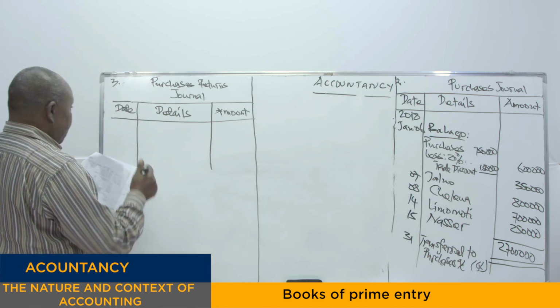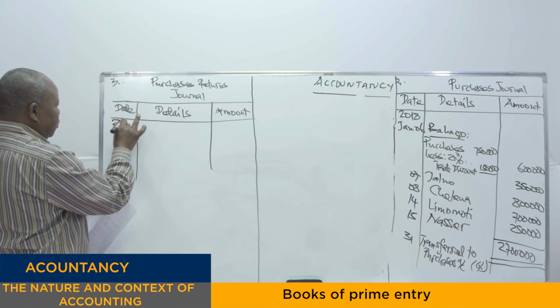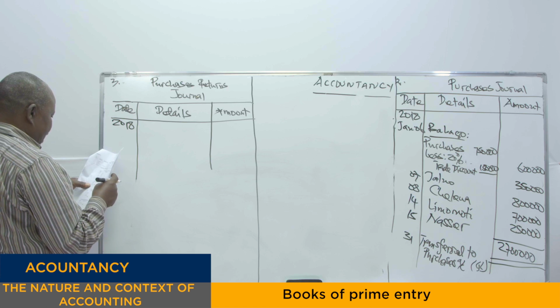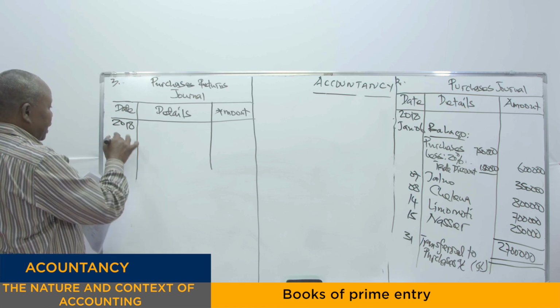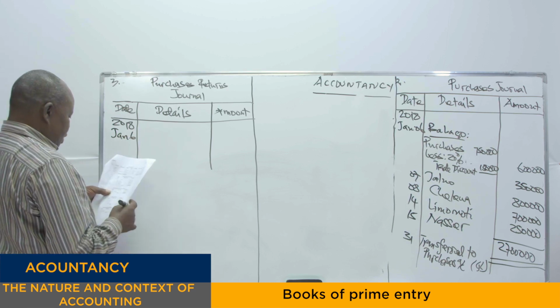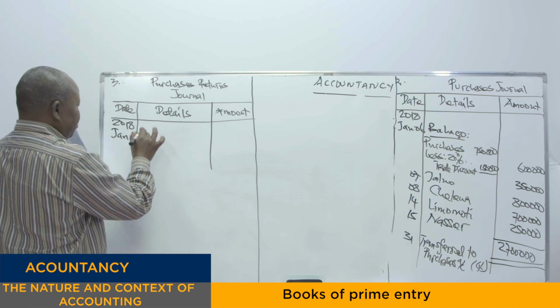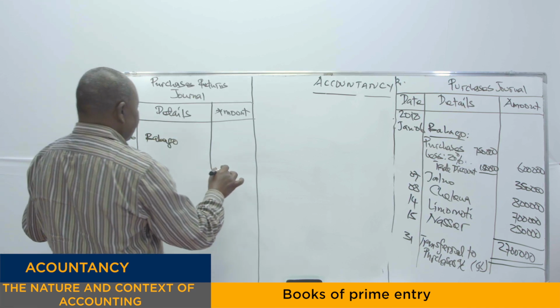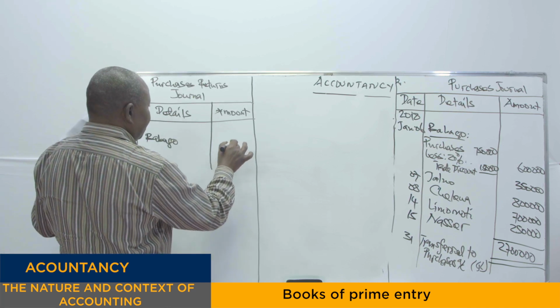So this is 2018. The date is January 6. We return goods to Babago. The amount is 50,000.